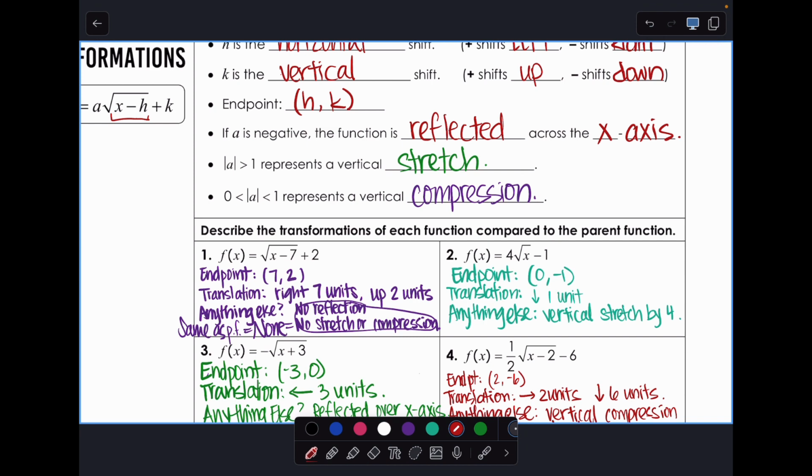So this one would be the fraction, and this one's a whole number greater than 1. Wait, then for the first question, shouldn't that be a stretch? What's the a value here? If you don't see any numbers here, it's just no.